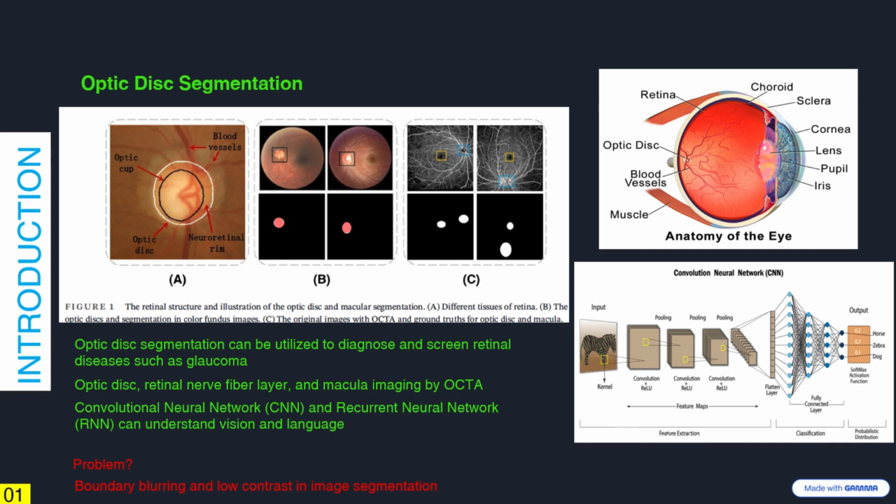And then convolutional neural networks and also RNNs can help to understand vision imaging and also language. But the problem is boundary blurring and low contrast in image segmentation. As we can see in figure 1, even though we can see the inside of our eye quite clearly, sometimes the blood vessels and here the optical disc are not imaged or segmented very clearly.